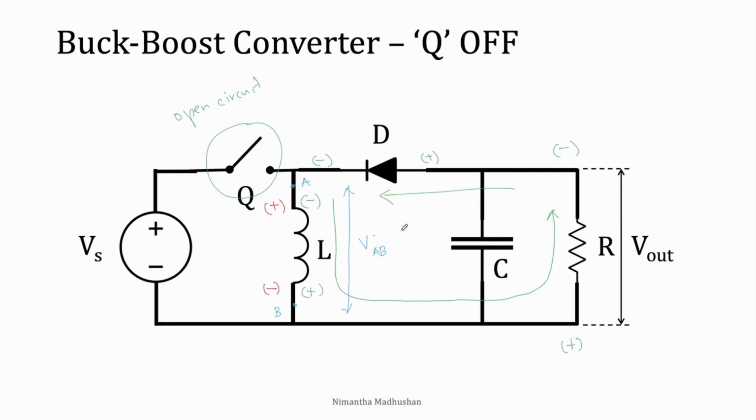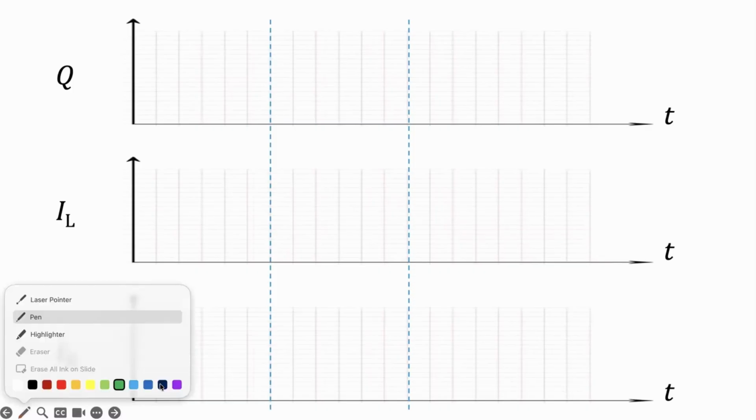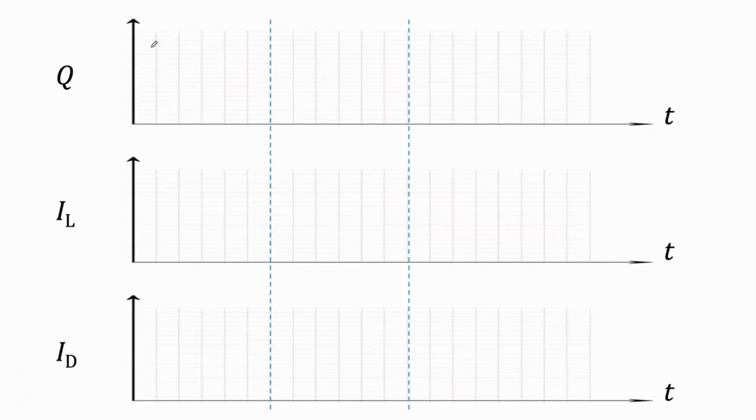Now we have to derive the output voltage equation and graph for each and every parameter. If we consider the operation of Q during turn on and off, this is the graph for operation of the switch. This time is Ts, this time is Ts.